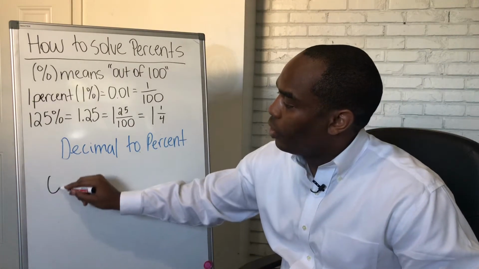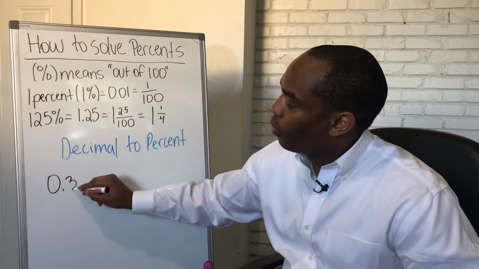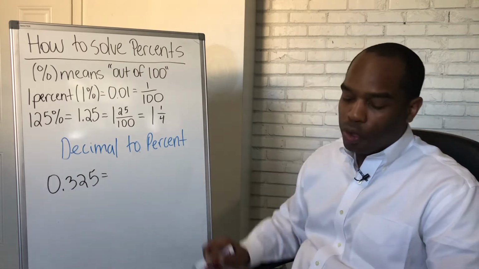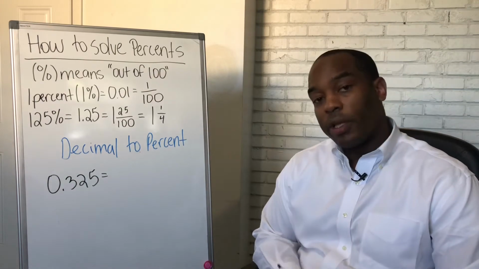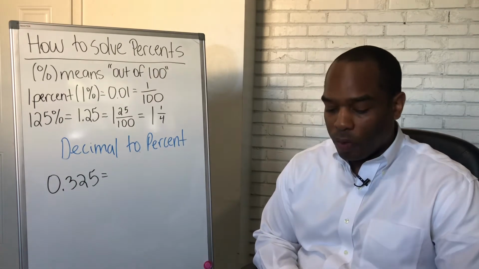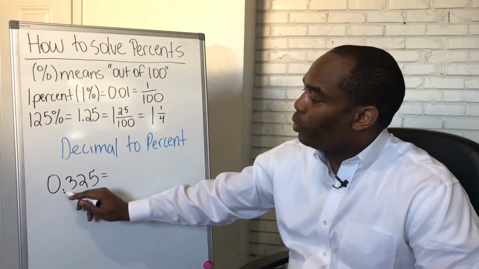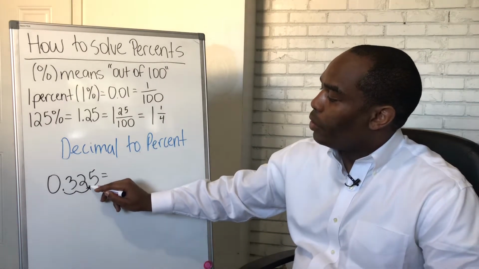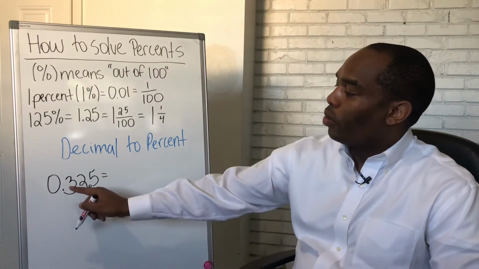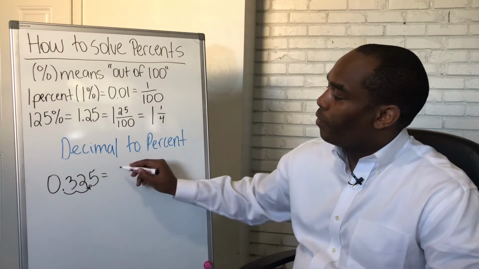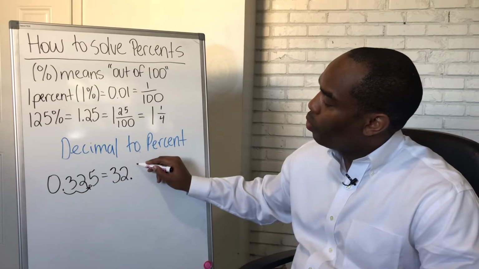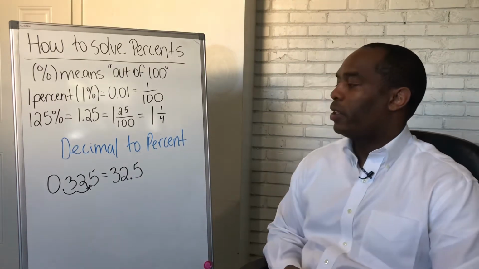Say we had 0.325. A couple of things we can do. First, we could simply move the decimal 2 places to the right. My new number will be 32.5%.